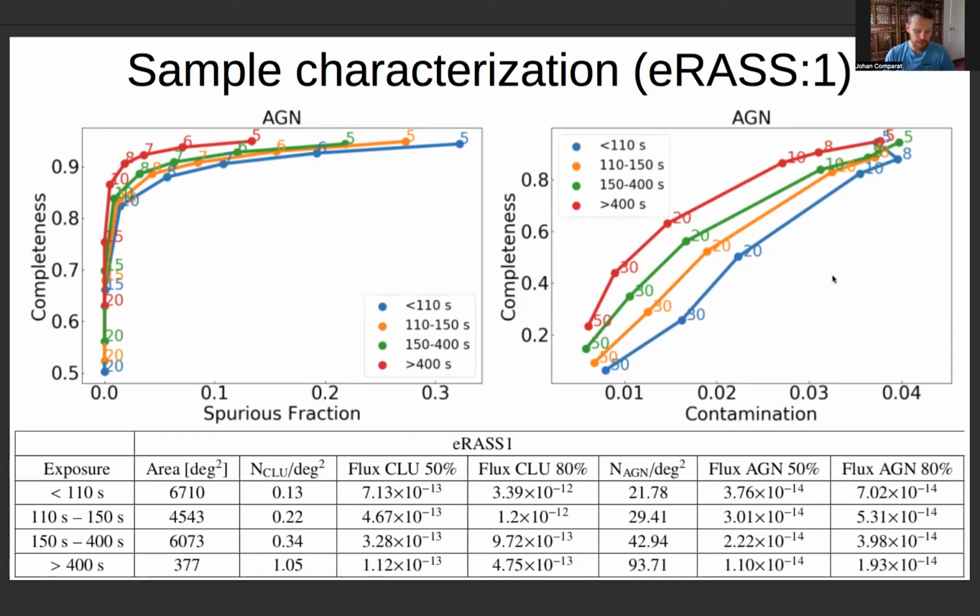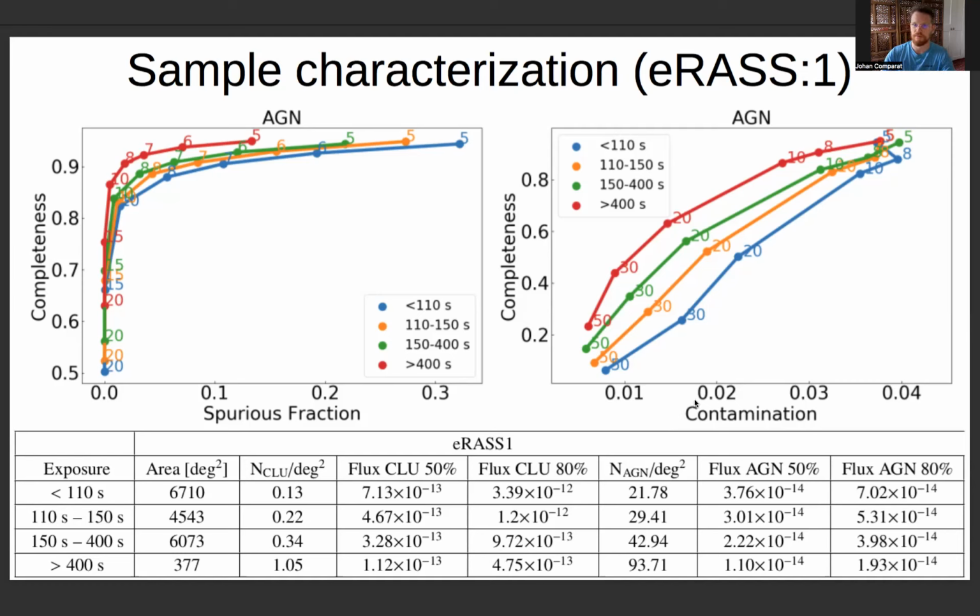If we move to the eRASS1 simulations, which include much more area but to a much shallower depth, you can see that for different exposure times, here given in the color scheme, for the AGNs, the completeness spurious fraction curve and the completeness contamination curve. A spurious detection is just a detection related to background emission, and a contamination is a detection related to another source that is not dominant in the total.